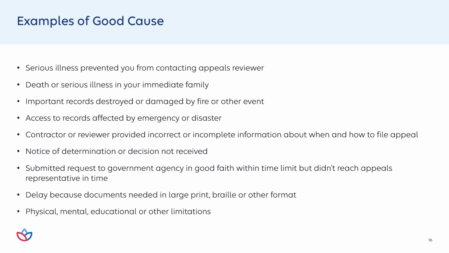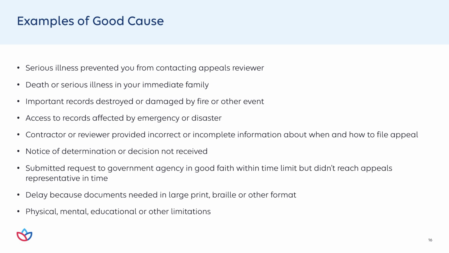If you contacted, for example, the customer service line, and they gave you incorrect or incomplete information about how to file an appeal. If you never received your notice of determination or the decision on a prior level of appeal, so that you didn't get access to that in time to submit your appeal timely.